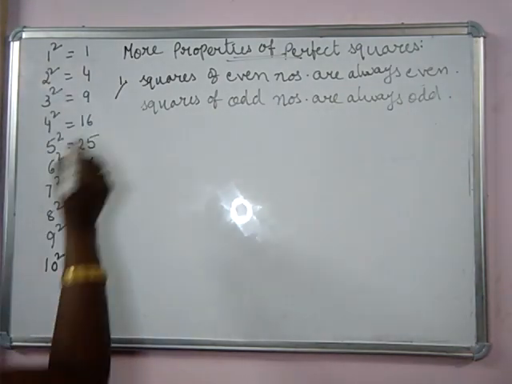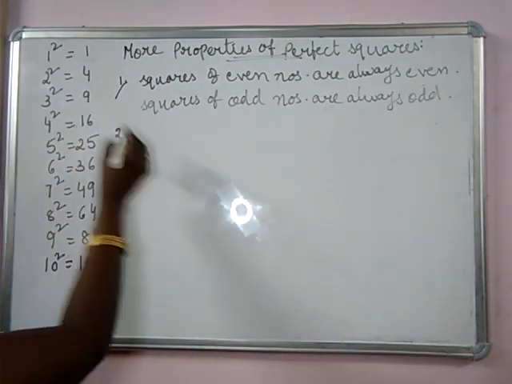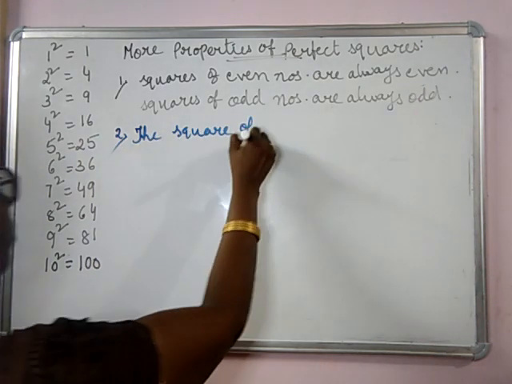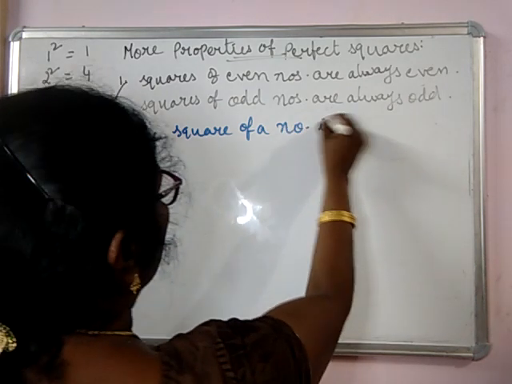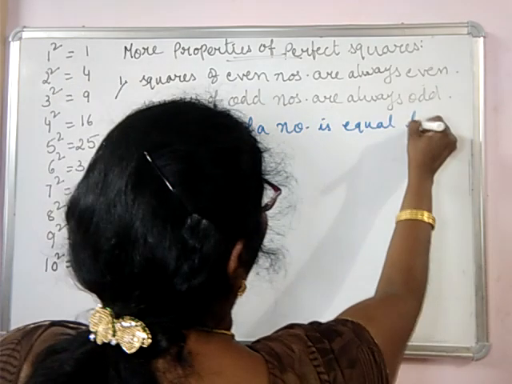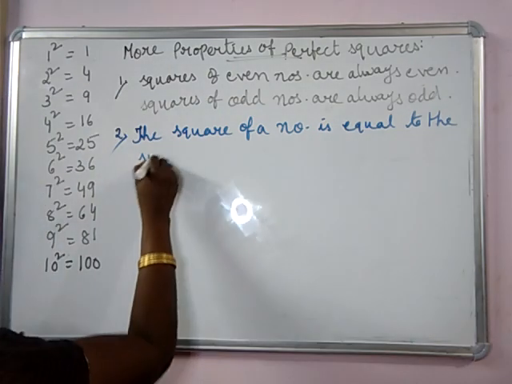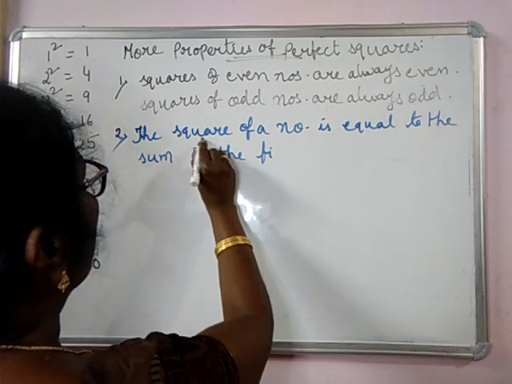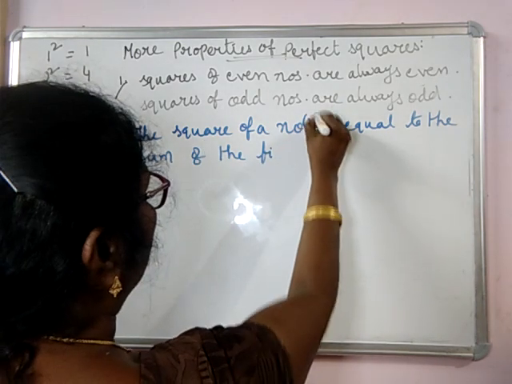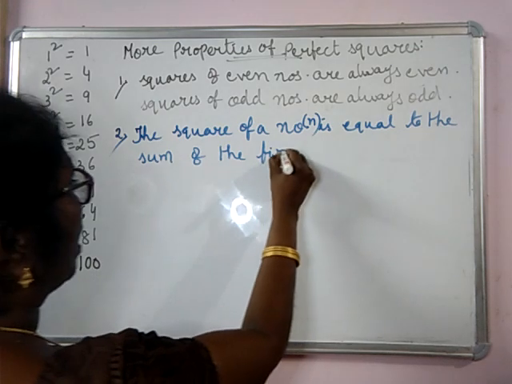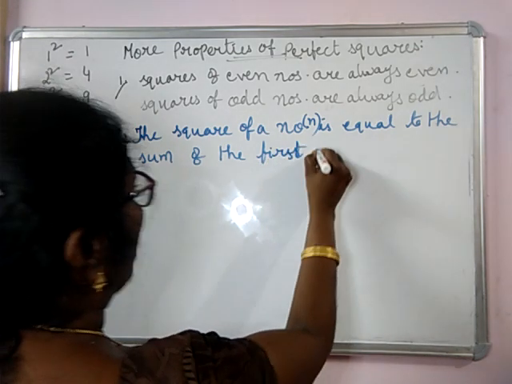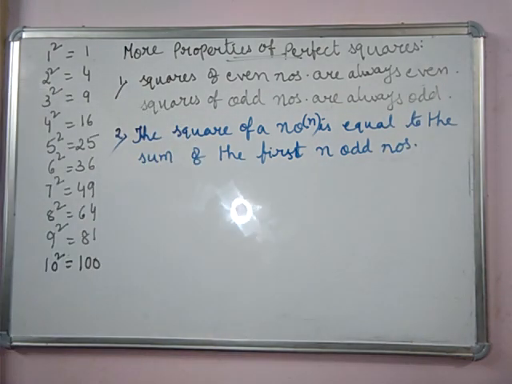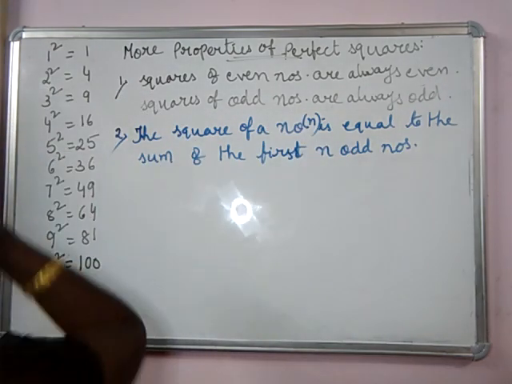Then, the square of a number n is equal to the sum of the first n odd numbers. What does it mean? Let us take n as 5.